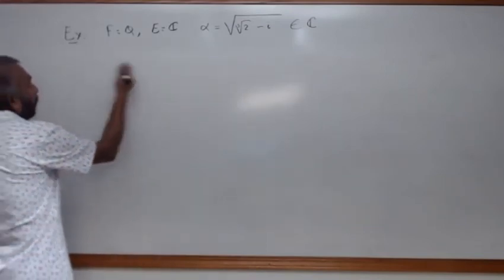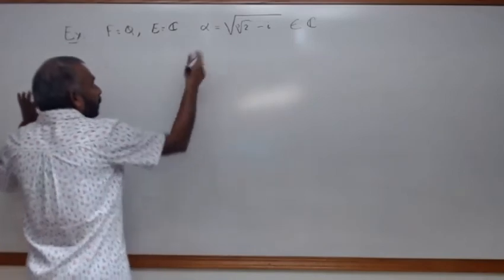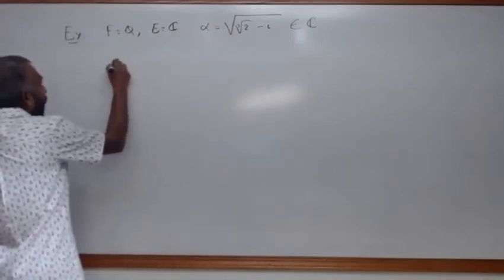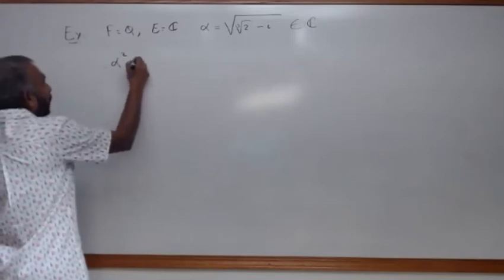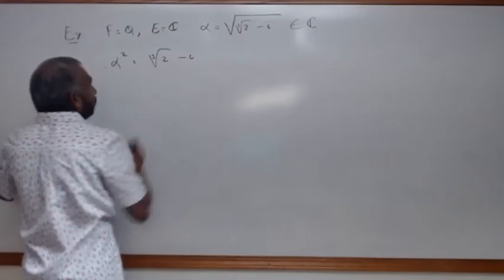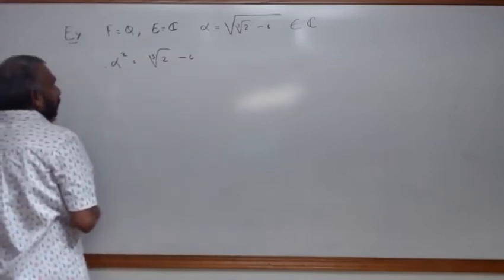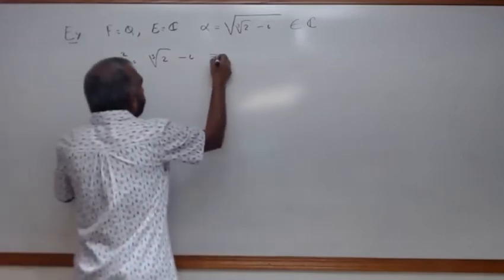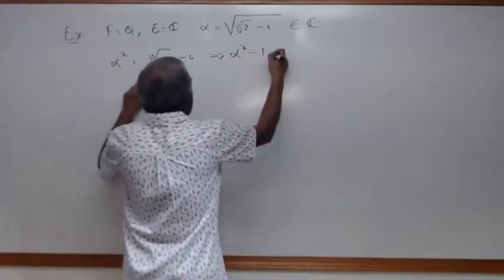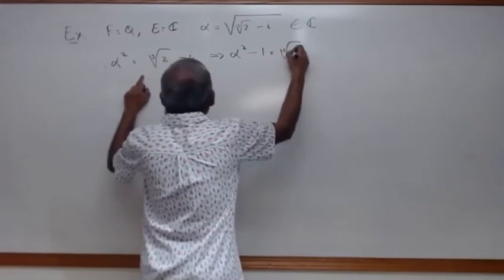So again, remove all these square roots and cube roots. So what we'll have is alpha square is equal to cube root of 2 minus i. And that means alpha square plus i is equal to cube root of 2.